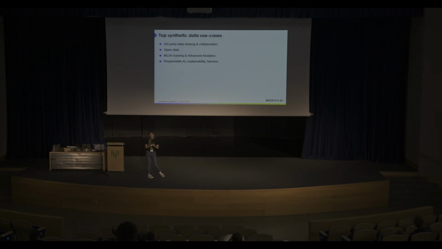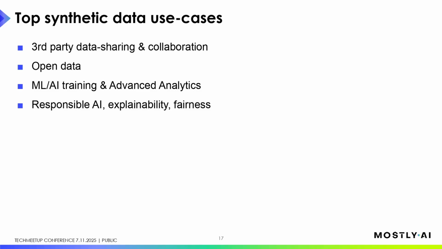But there are many others I'm interested in as a researcher and data scientist. They are related to AI training, advanced analytics, fairness, explainability. All of these use cases are really cool, but they are additional to the main one, right?